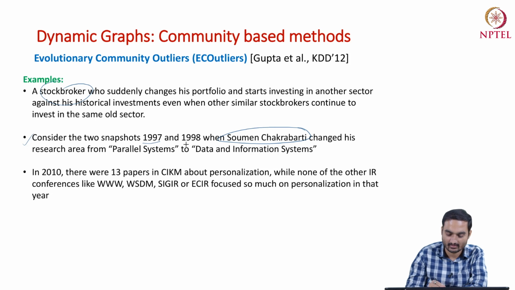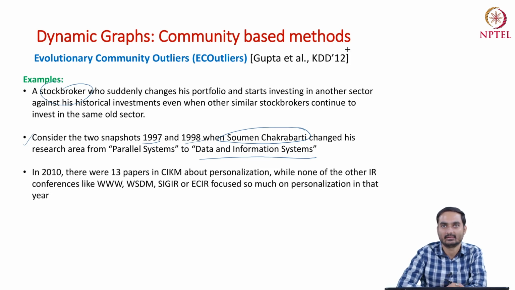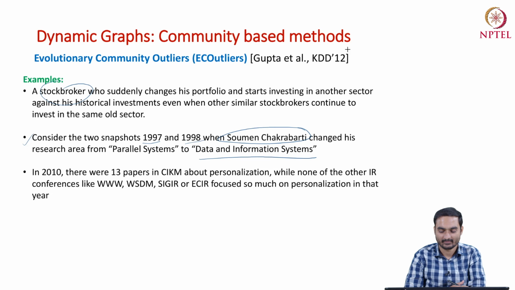But around 98, 99, he started publishing papers in data and information systems conferences like WWW, KDD, WSDM, etc. This is definitely an anomalous behavior, because the rest of his neighbors in the same community still kept on publishing papers in systems conferences, whereas he suddenly changed his research area and started publishing papers in other areas. So definitely this is a community based outlier with respect to that community.